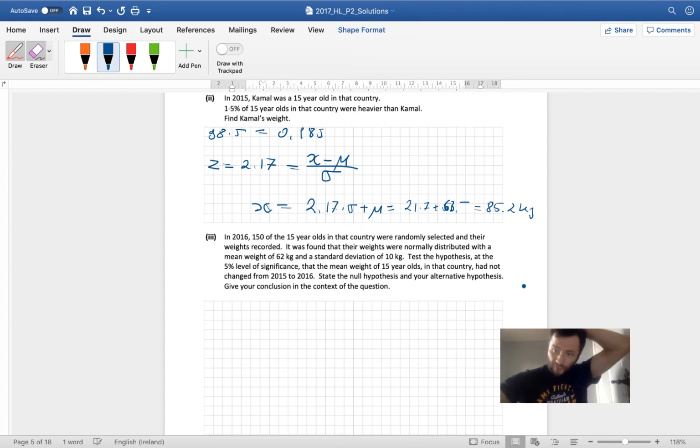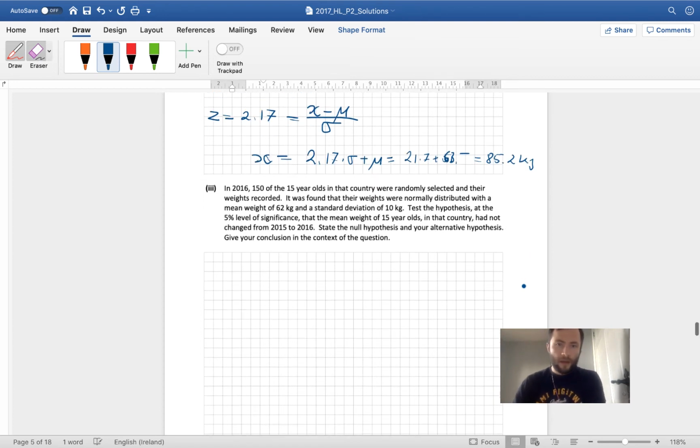And then the last part of this question, we are told that 150 of the 15-year-olds in that country were randomly selected and their weights were recorded. It was found that their weights were normally distributed with a mean weight of 62 and standard deviation of 10 kilograms. We have to test the hypothesis at 5% level of significance that the mean weight of that population had not changed.